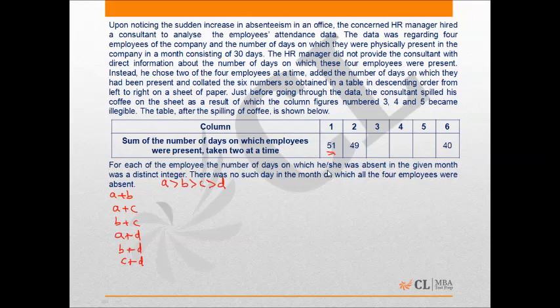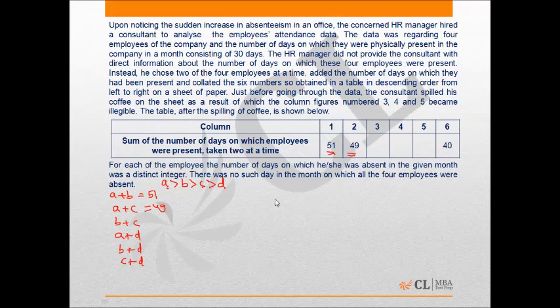And the column gives you the numbers in decreasing order, right? So A plus B has to be the maximum of these values. That means A plus B has to be 51 only, right? This 49 has to be A plus C because B plus C has to be less than A plus C, right? So A plus C has to be 49 again.